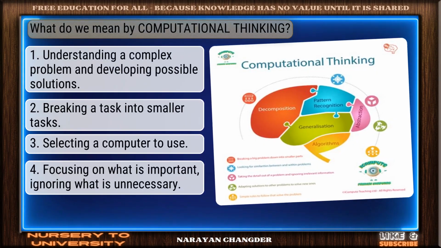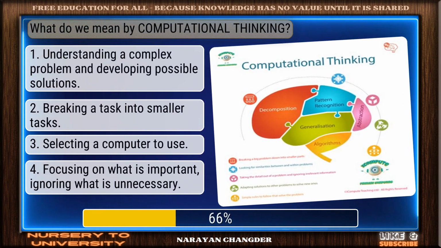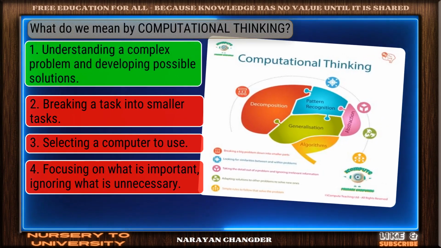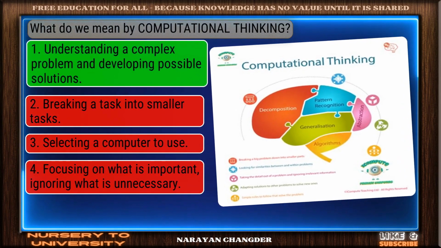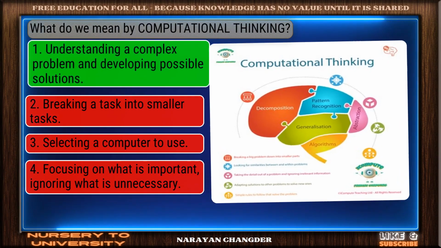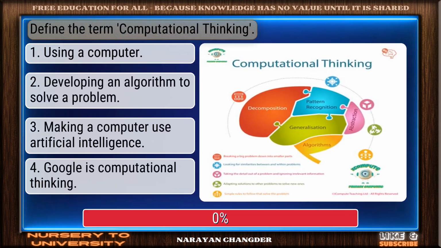Question number 61. What do we mean by computational thinking? Excellent choice. Understanding a complex problem and developing possible solutions is the right answer. Question number 62. Define the term computational thinking.